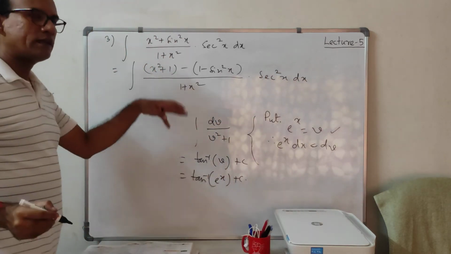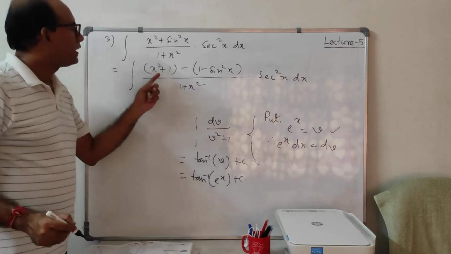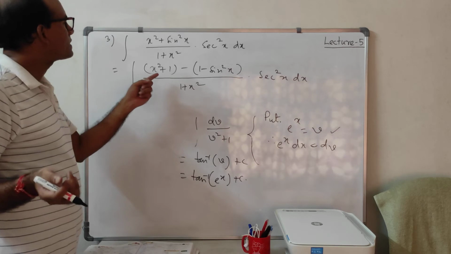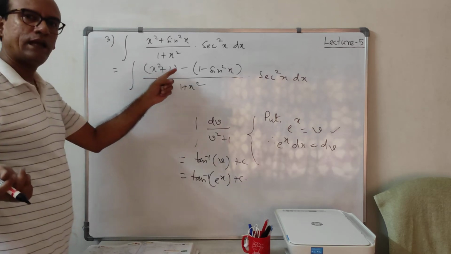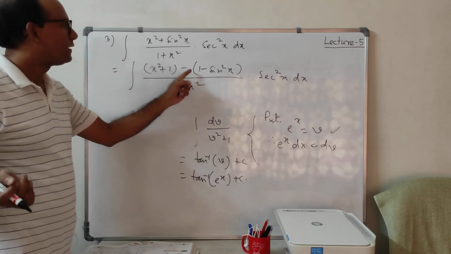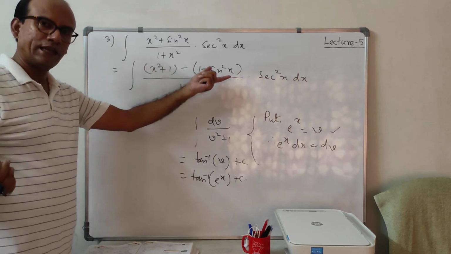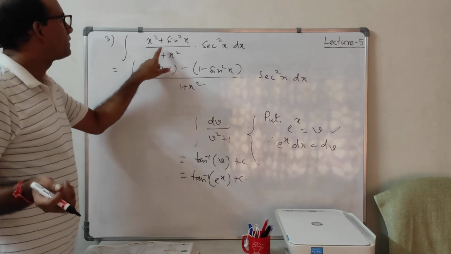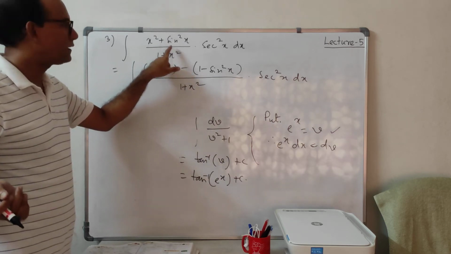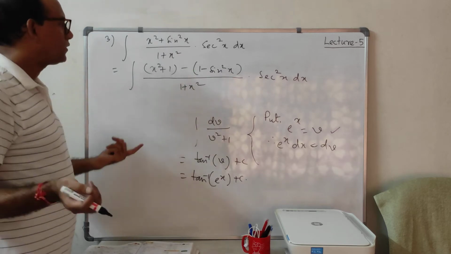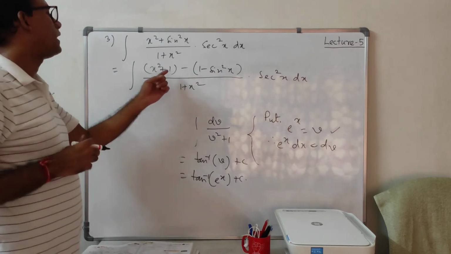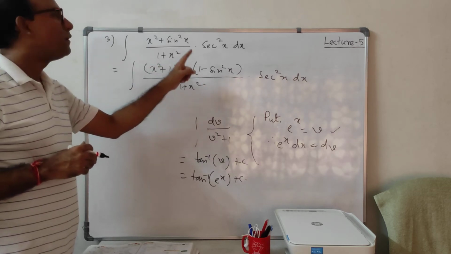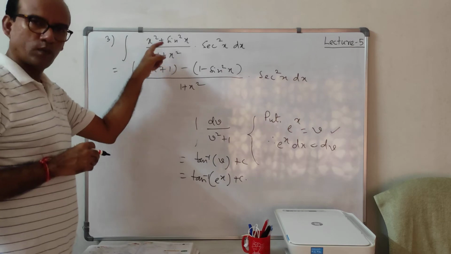Hope you understood all these things. I did not do much. I just took 1 here and adjusted minus 1 here. And all other things remained same. See, x square here, x square here. See, plus sin square x here, minus 1 plus sin square x. I just took plus 1 here and eliminated by minus 1 because there was no 1.